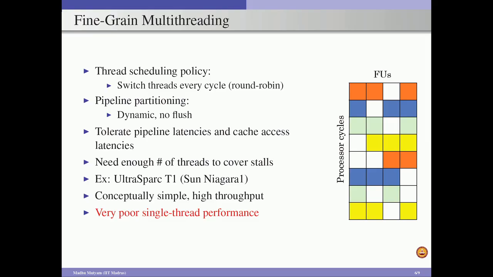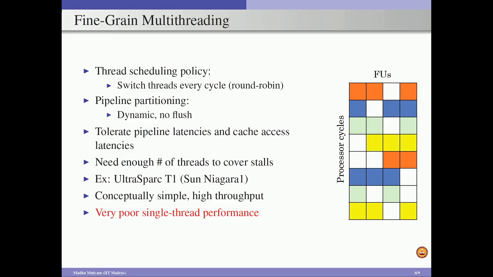One pipeline stage may be used by one thread, the next by an instruction from another thread, the next by an instruction from a third thread, and so on. So we are sharing our pipeline stages across multiple threads, and we are also not considering any flush mechanism as was considered in the coarse-grain mechanism.